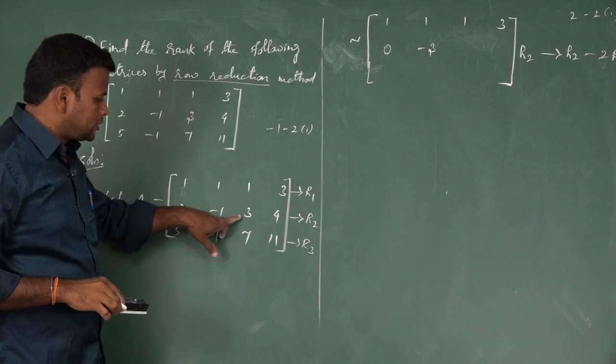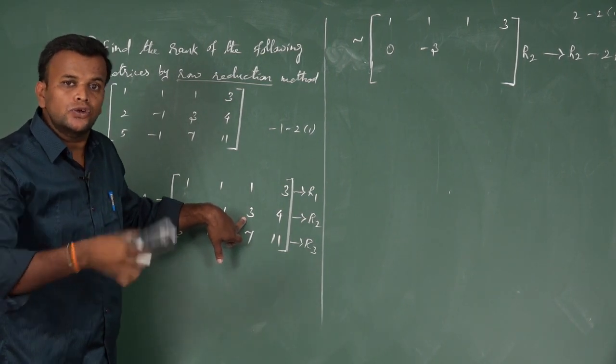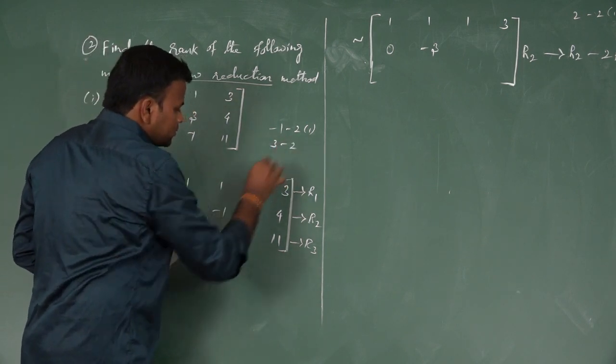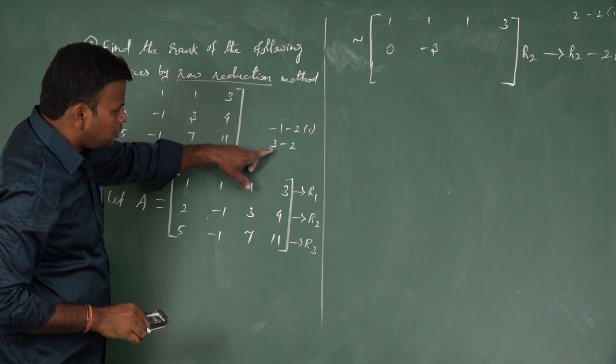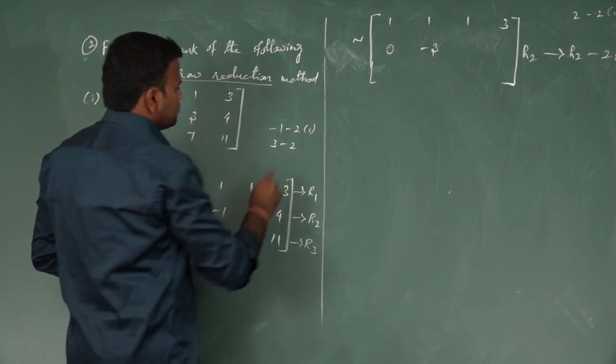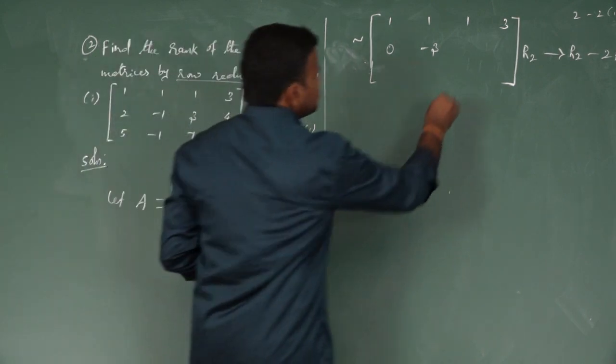Next, 3. We write R2 as R2 minus 2R1, 3 minus 2 times the corresponding element of R1, which is 1. 3 minus 2 is 1.